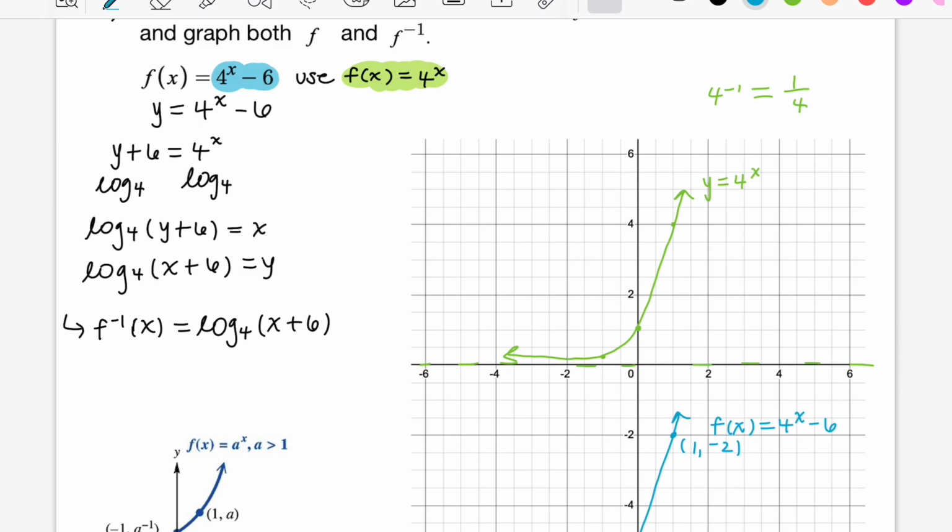So if we want to find these 3 points for our inverse function, all we have to do is swap our x and y coordinates. So for example, if we have 1, comma, -2, we will have -2, comma, 1 here. So just swapping our x and y coordinates.